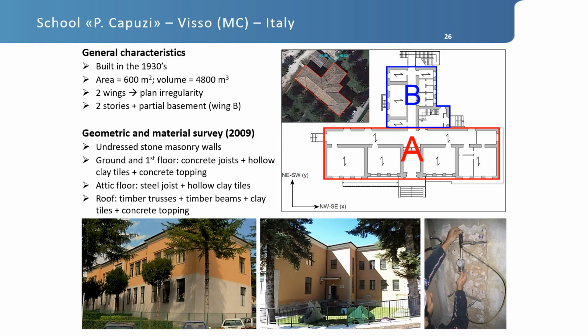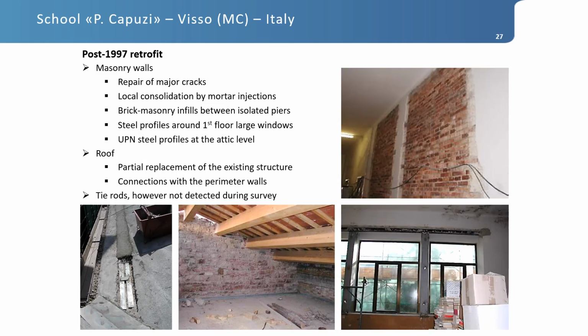The building is built in two parts: a main building and a partial structure. These portions A and B were checked after the 1997 earthquake.